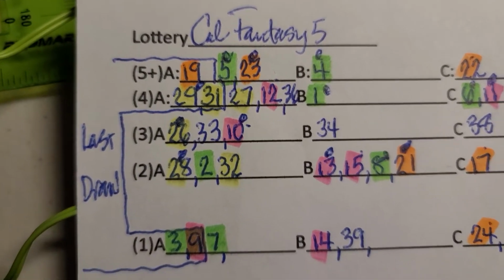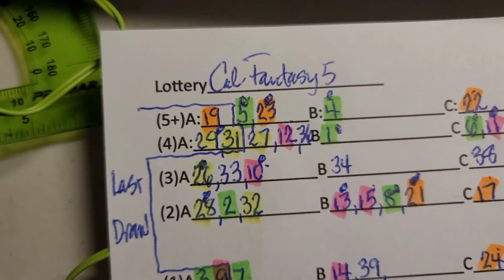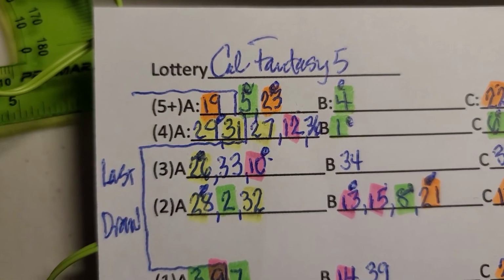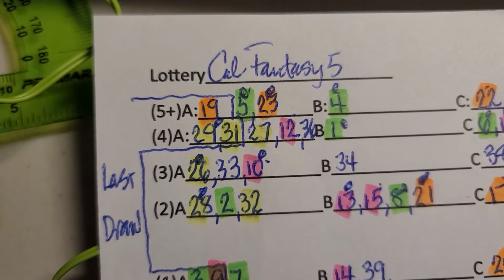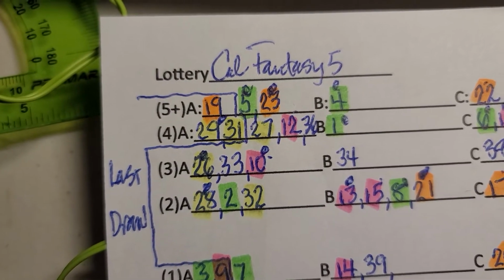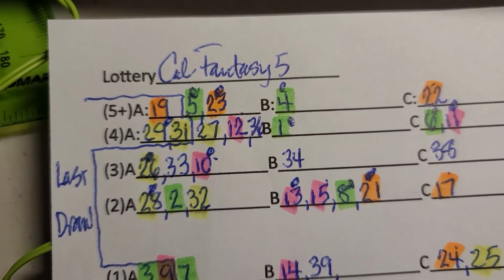Those were the last numbers drawn today. And then all of these other numbers, notice that there's a lot of numbers that appeared more than 5 times. 19, 5, and 23 are numbers that appeared quite frequently during the last 20 games.